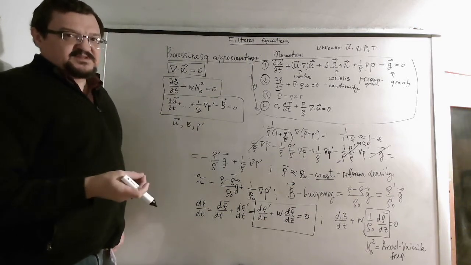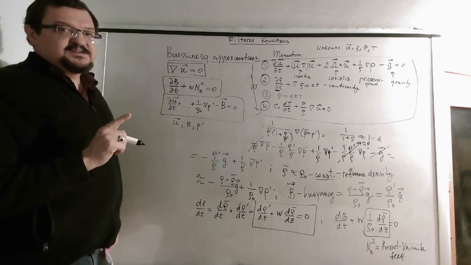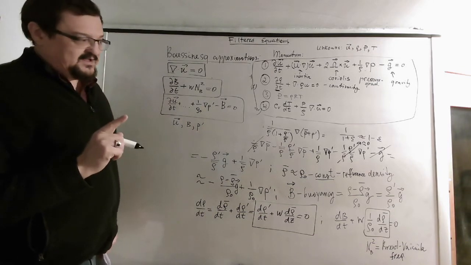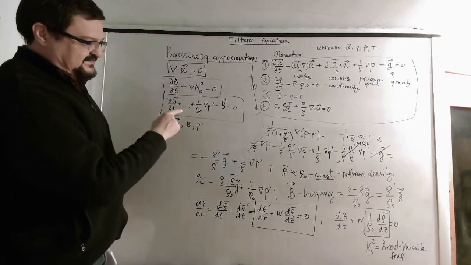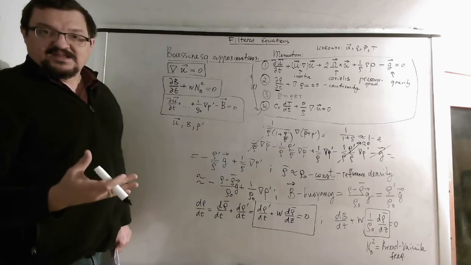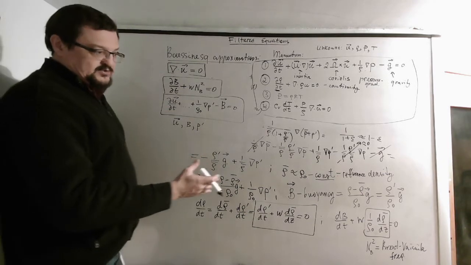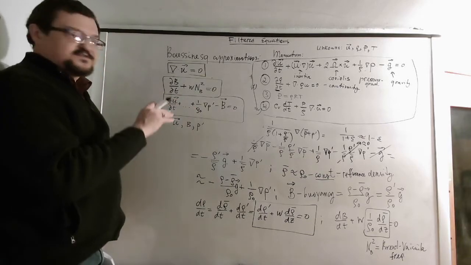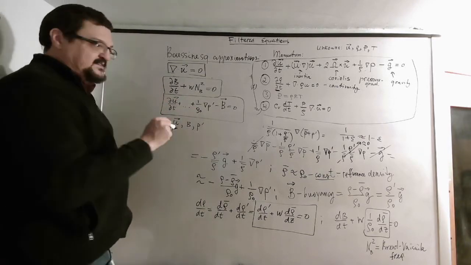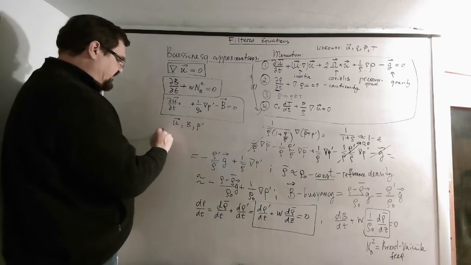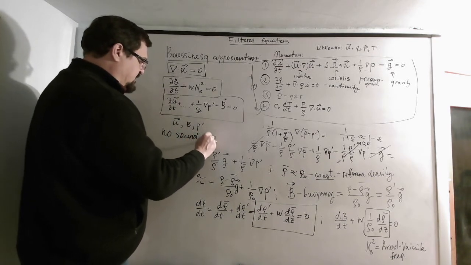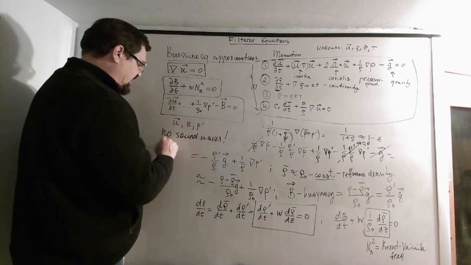There is no compressibility of the flow except for thermal expansion or contraction of fluid. This density can be thermally induced, but we don't specify it here. This system does not support sound waves because there is no explicit d rho dt term. So no sound waves, only gravity waves.